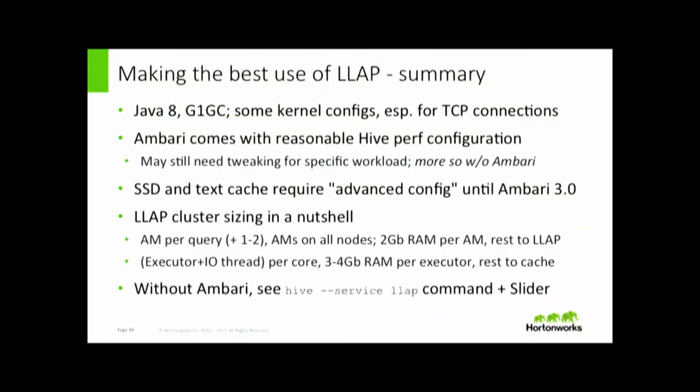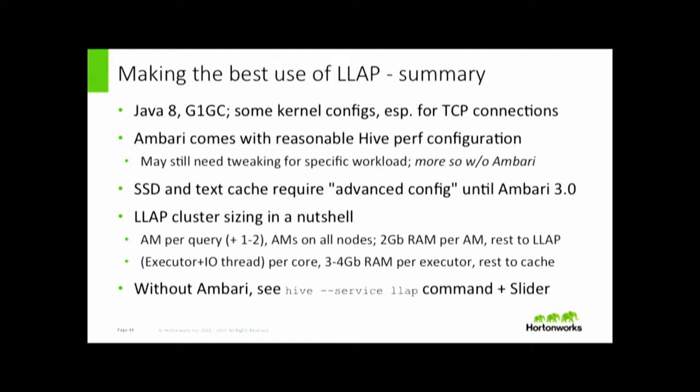Running LLAP, I'll just give you a brief summary because we are a little bit short on time. First of all, we do recommend using Java 8 and G1 GC because these are pretty big processes, and Java 8 is just way better, and Java 7 is really old and I think maybe out of support by now. There are some kernel configs for TCP connections that are useful for large shuffles that will be on future slides and SlideShare. If you are using Ambari, it comes with reasonable Hive performance configs, but it may require some tuning for your specific workload.